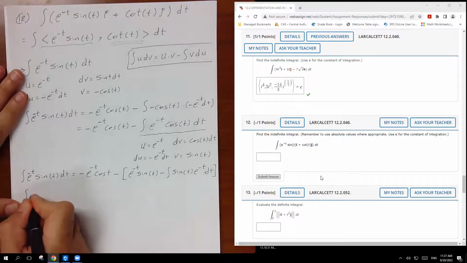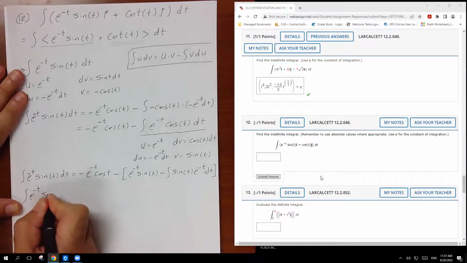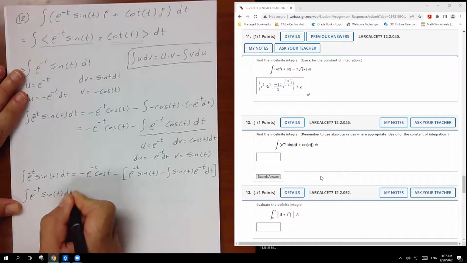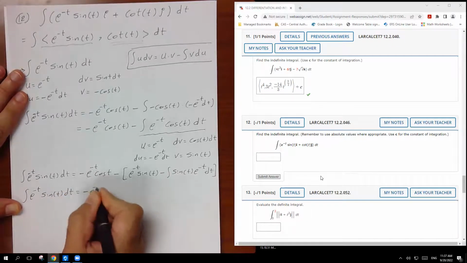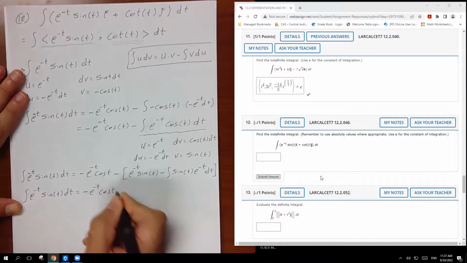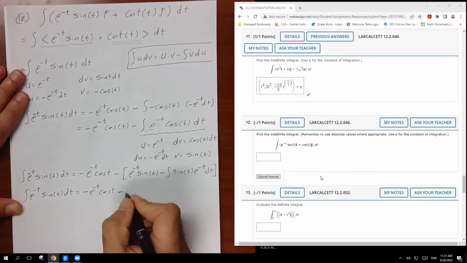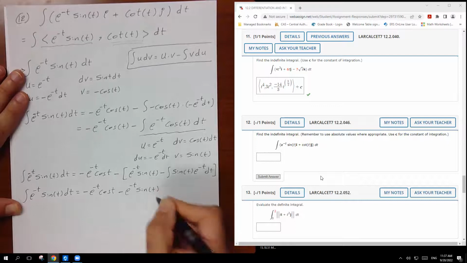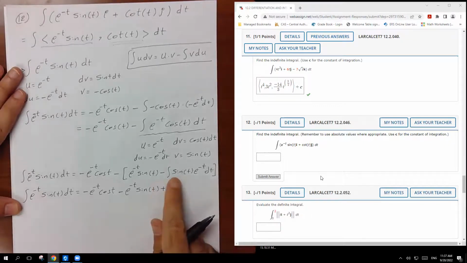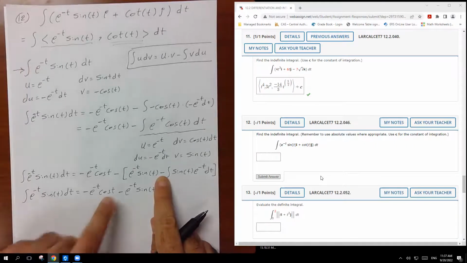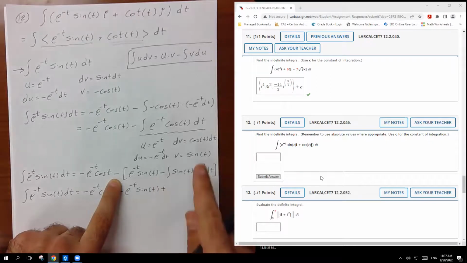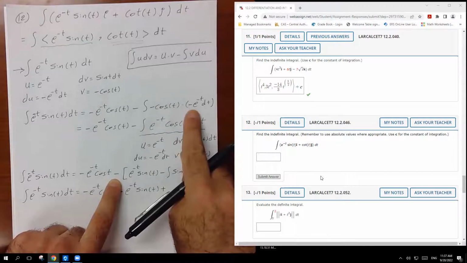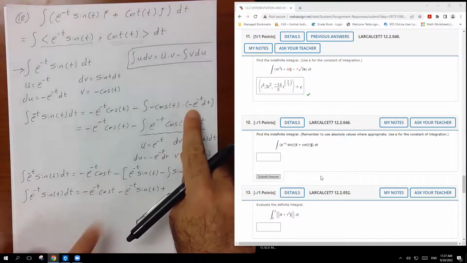The integral of e to the negative t sine t dt is going to be negative e to the negative t cosine t minus e to the negative t sine t plus, we have, this is minus, because here is negative sine, negative is going to be positive.